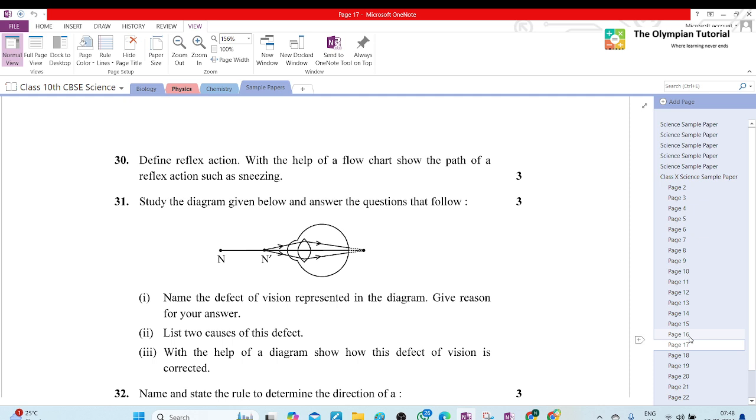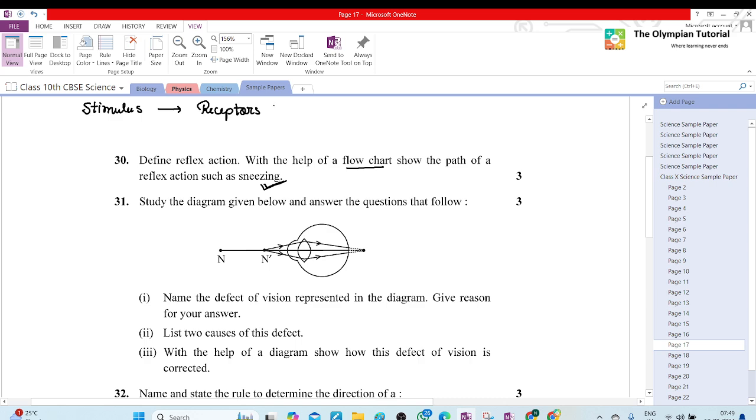We have to prepare a flow chart for sneezing. Can you prepare it? So here, stimulus, then receptors.